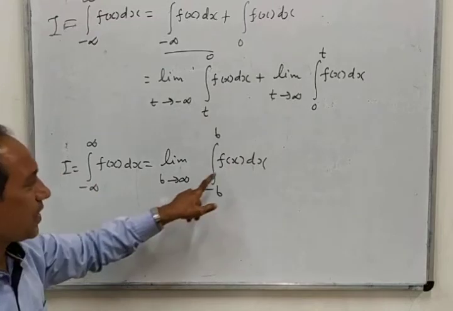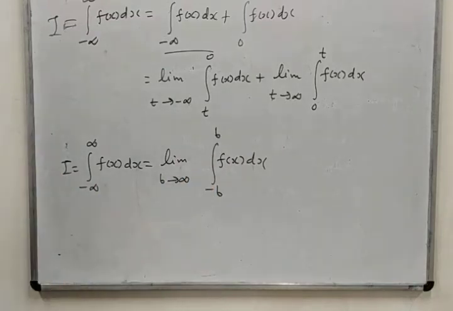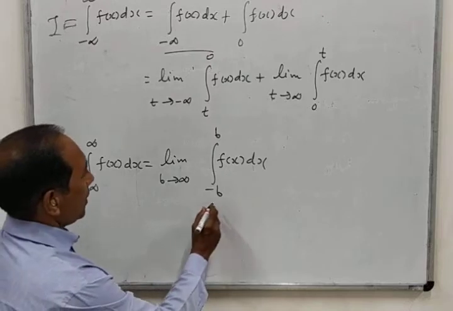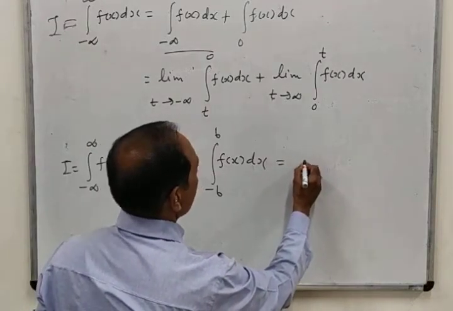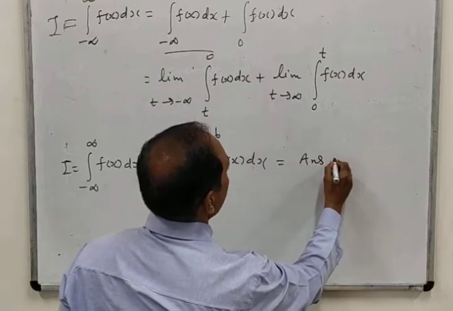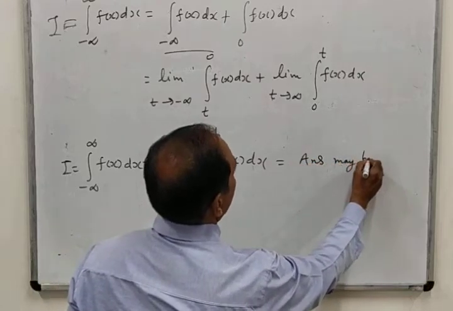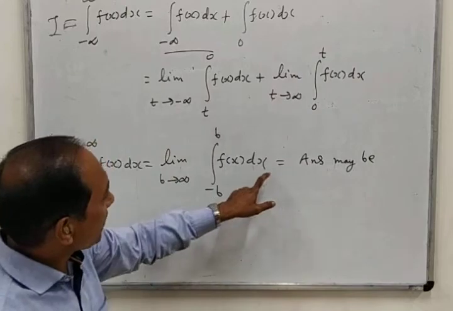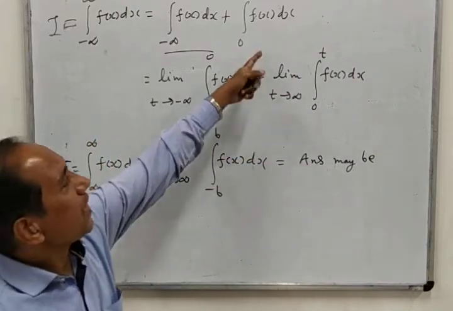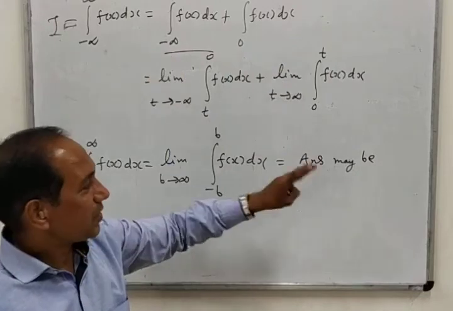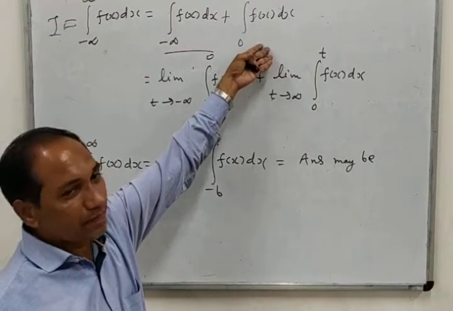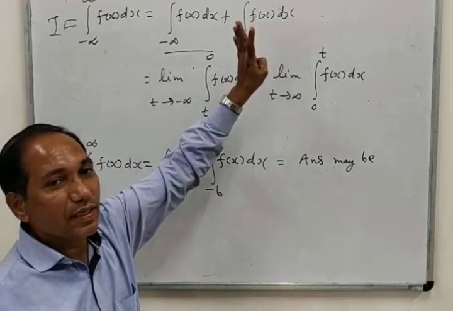This is not the real and proper way, because in this problem the answer may be there. But if the answer of this one is possible, then the answer of this one may not be possible.